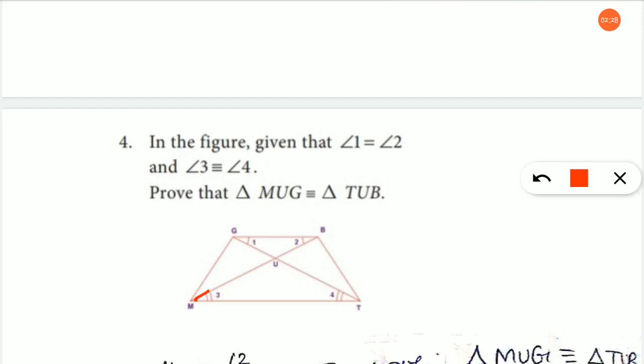This is M, U and G. This triangle is congruent to triangle T, U and B. You are going to prove that these two triangles are congruent, and also consider 1 is equal to 2 and 3 is equal to 4. Okay, angle 1 is here, angle 2 is here. Same way this 3 and 4 is given here. Shall we start to prove this?